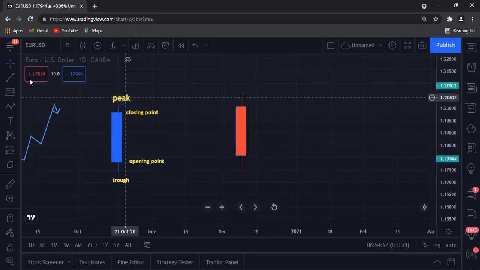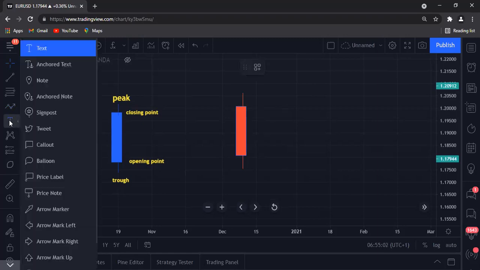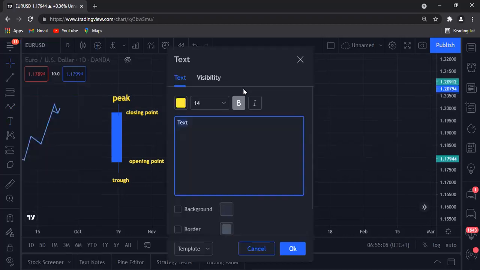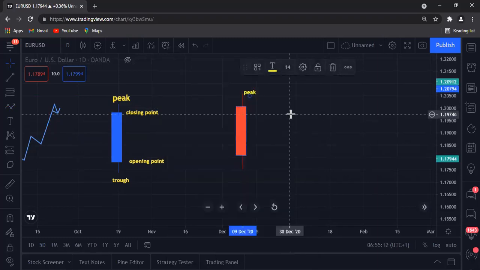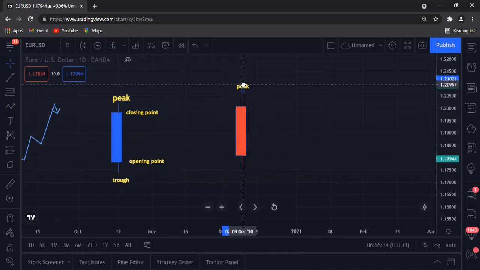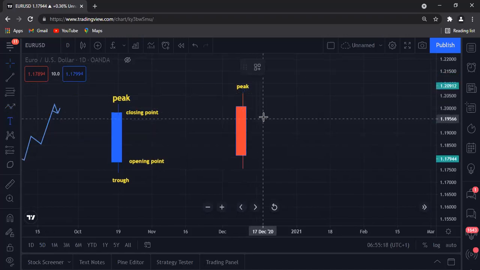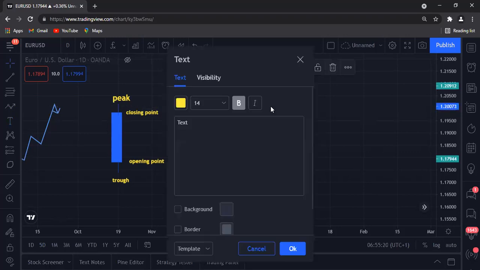Okay. So for the bearish, you still have this to be the peak. Still have this to be the peak. You have this to be the opening point.